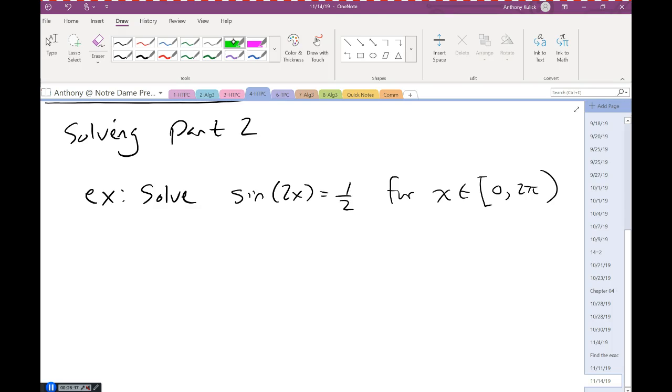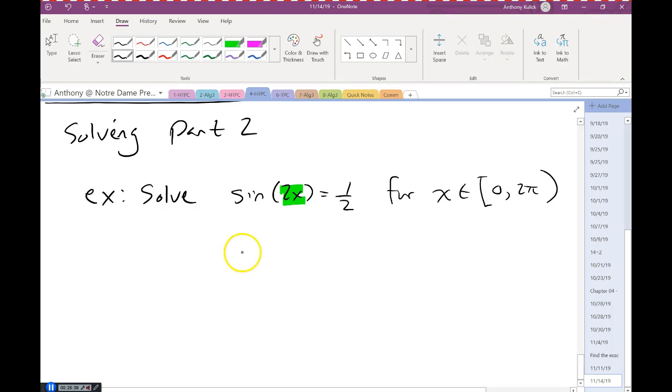What's been different about this problem than any of the previous ones we've looked at so far? We have this coefficient on the x. And at first glance, maybe this doesn't seem like it's going to be a big deal.